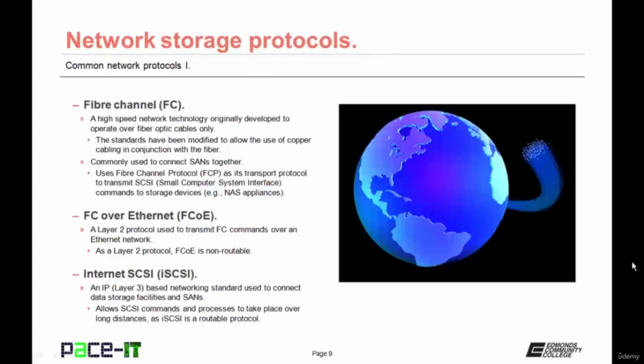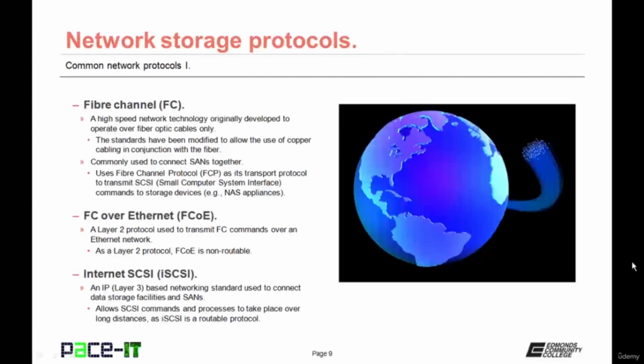Fibre Channel uses Fibre Channel Protocol, or FCP, as its transport layer protocol, or its layer 4 protocol, to transmit SCSI, that's Small Computer System Interface, commands to storage devices, as in it uses FCP to transmit SCSI commands to network-attached storage appliances. Then we have FC over Ethernet, or FCoE.